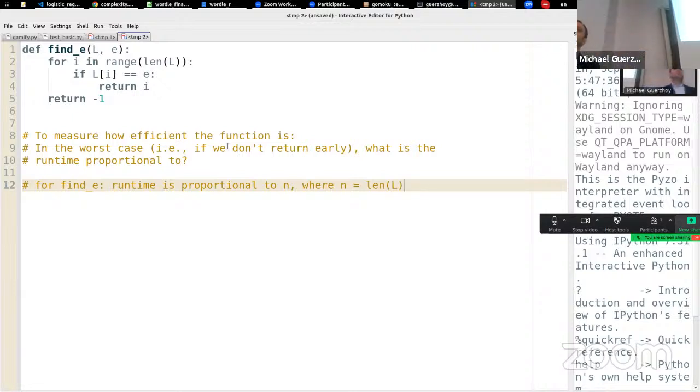Does that make sense? So why is that the sensible thing to do?